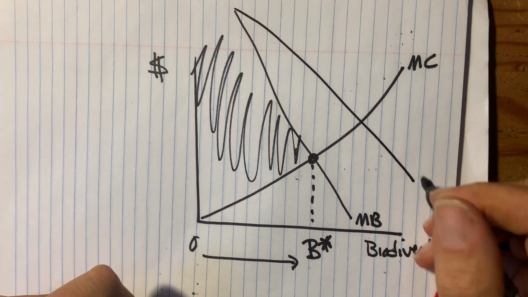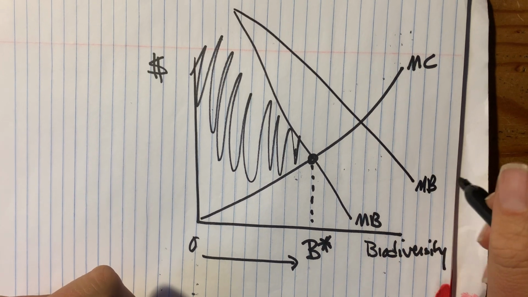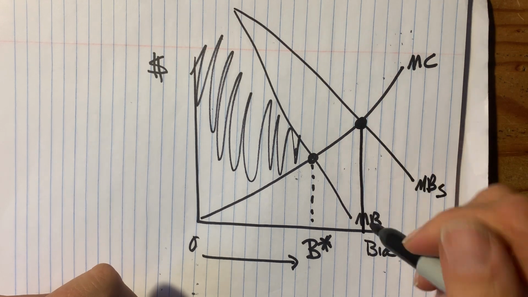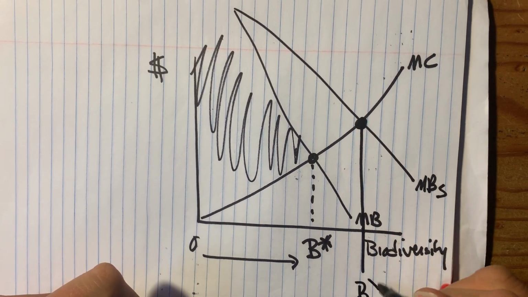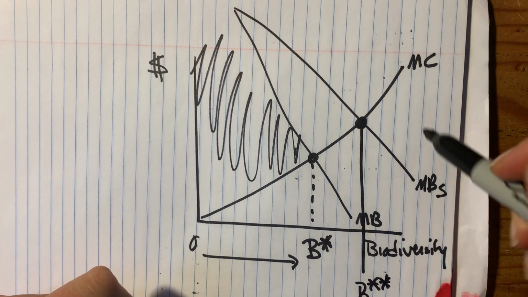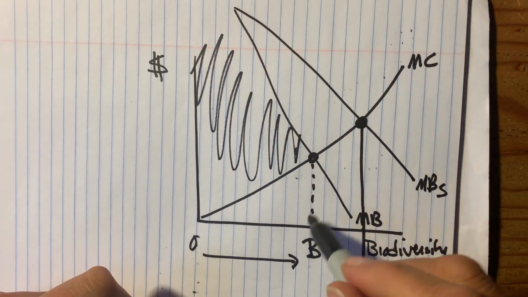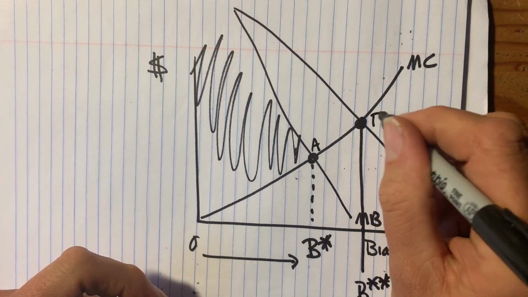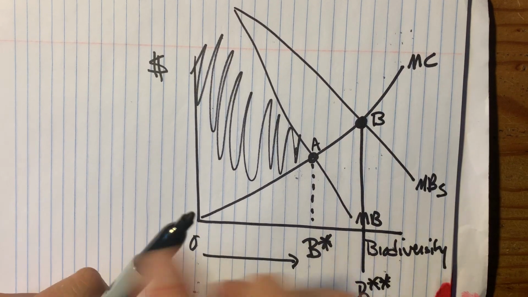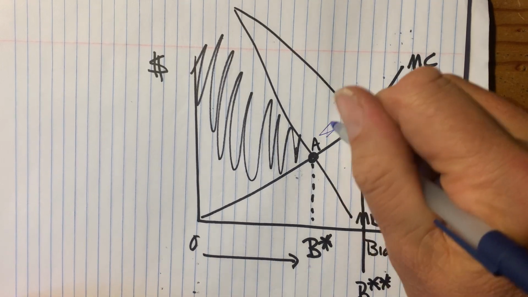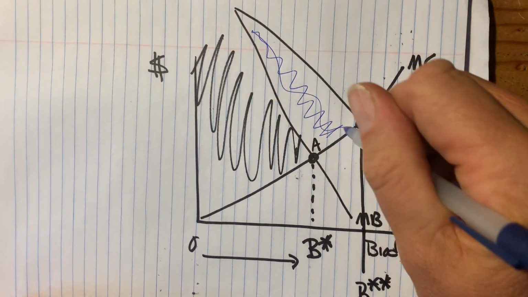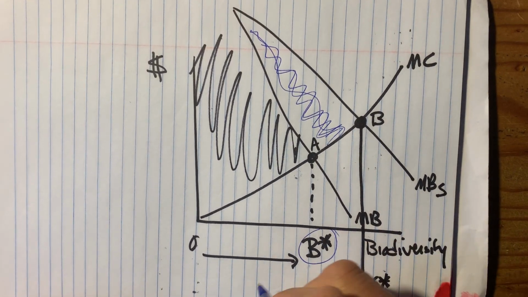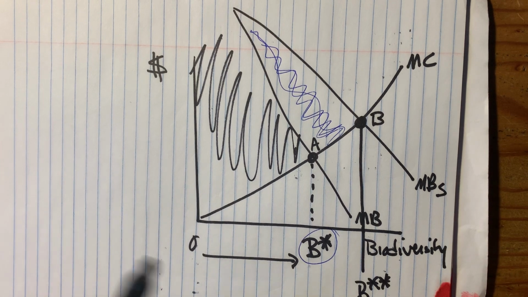So in fact, the marginal benefits to society are out here, and ideally what we should get is some level of biodiversity out here. And what you are ignoring with your own personal decision, let's call that A, when we want to be at B, is these social benefits that go to other members of society. So by producing at this level, you are under providing biodiversity.